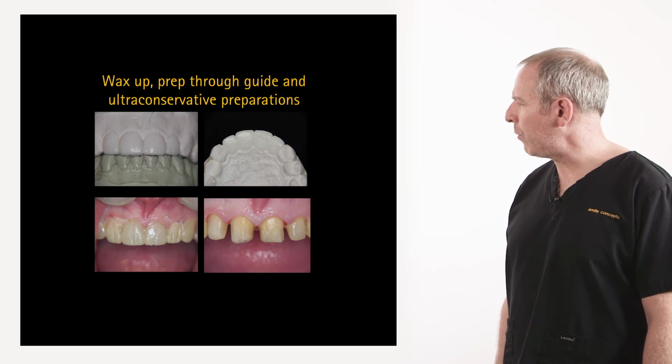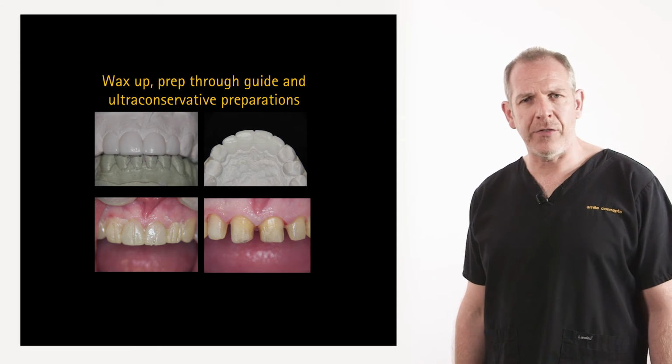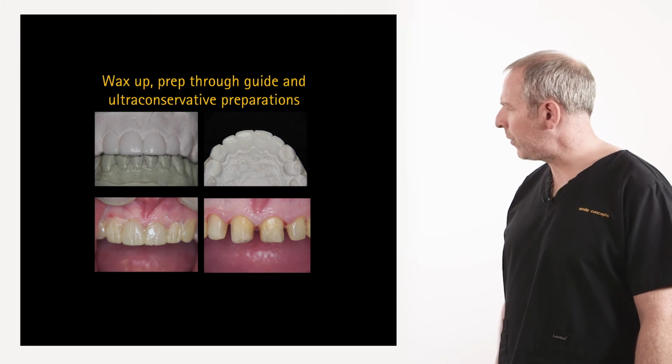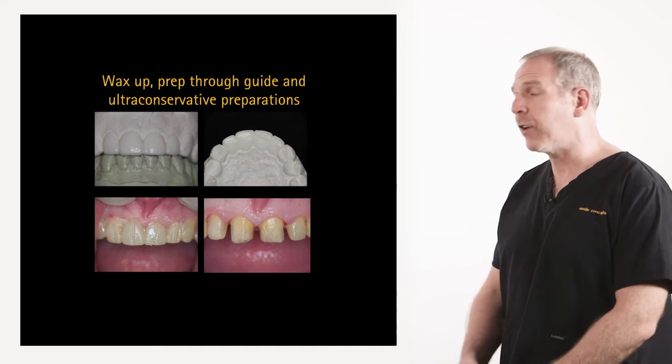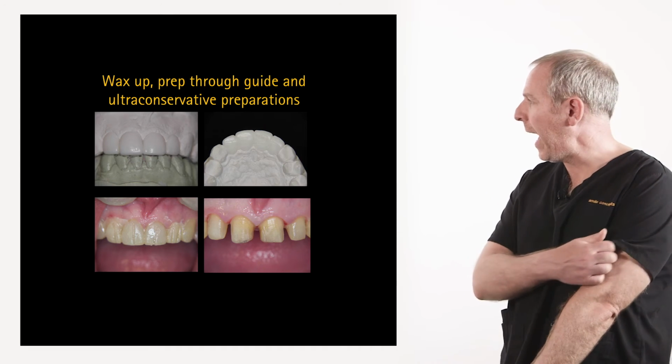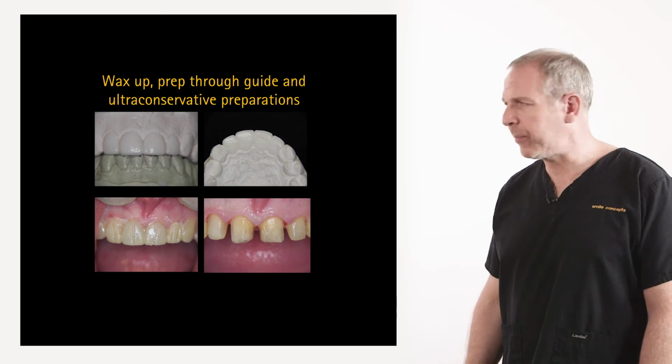And so what we have on the right hand side is ultra conservative preparations. The lateral incisor preparations are still predominantly, virtually exclusively, in enamel, and on the central incisors we are really just removing the old veneers.